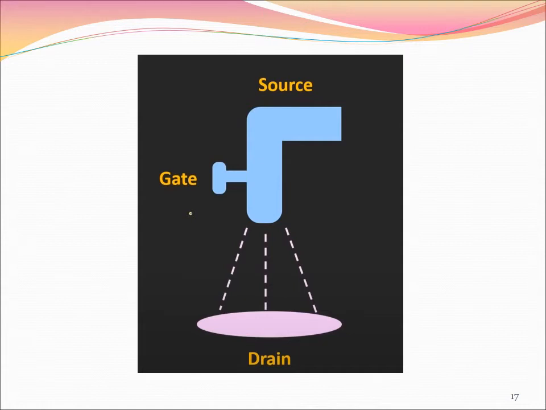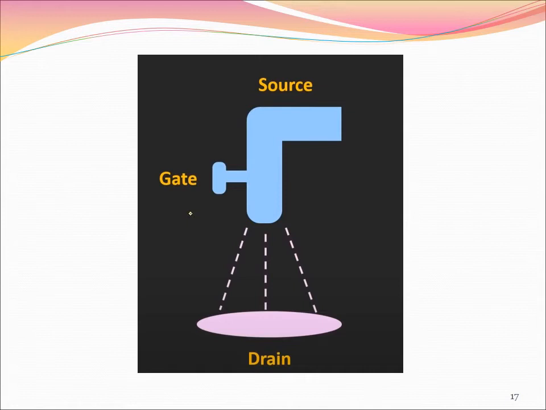We have the gate terminal. You apply the voltage. The higher the voltage in reverse bias, the less current flows from source to drain. If we have zero potential, it means this tap is completely open. That means there is a complete path in the N channel for the current to flow from source to drain.